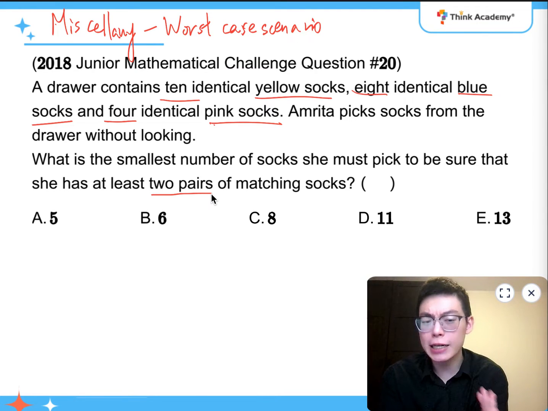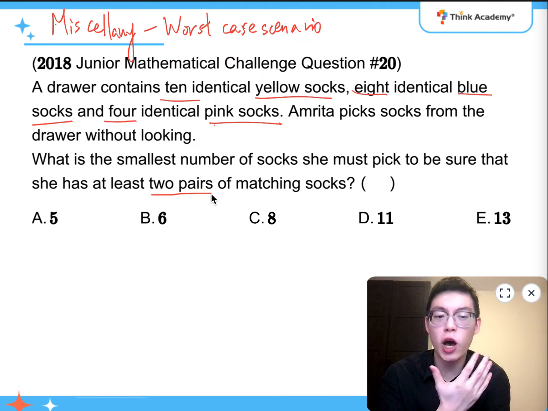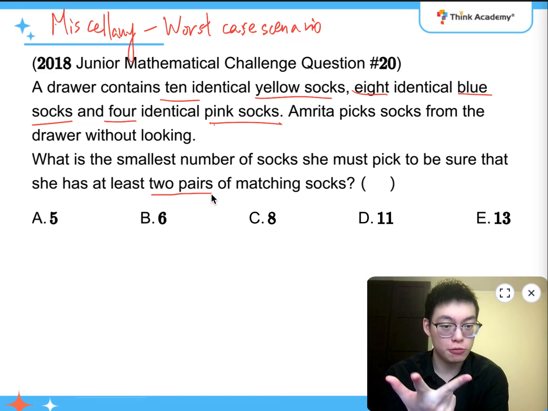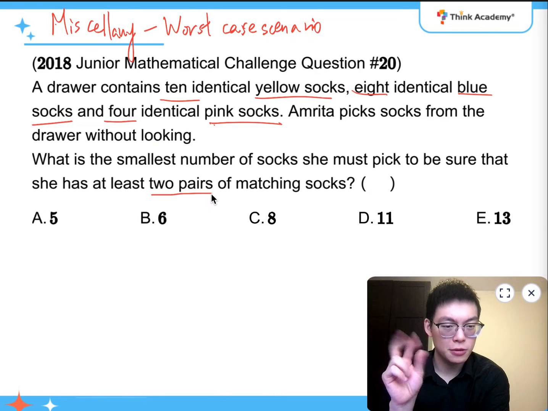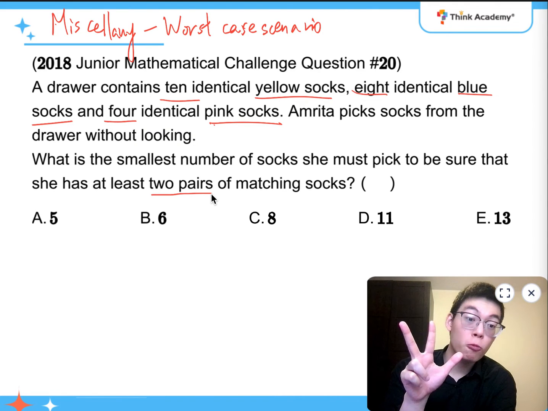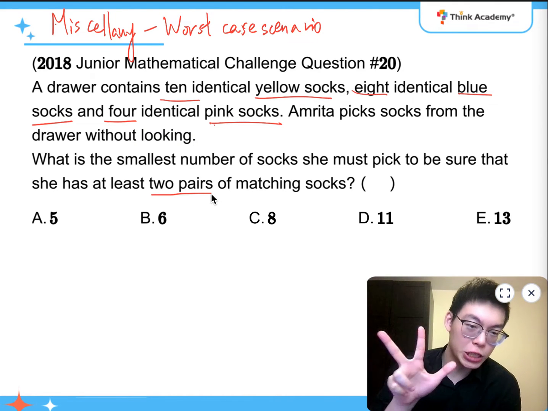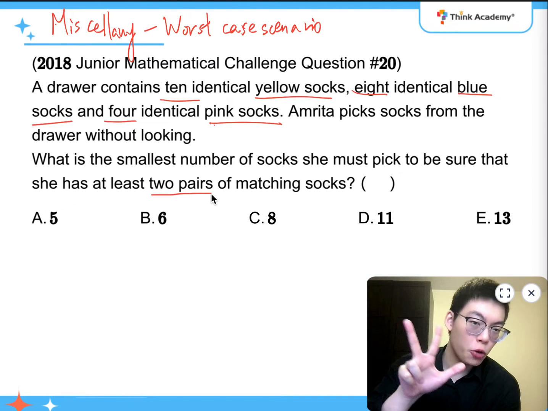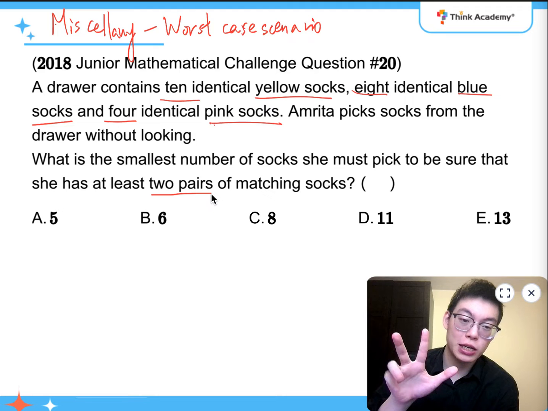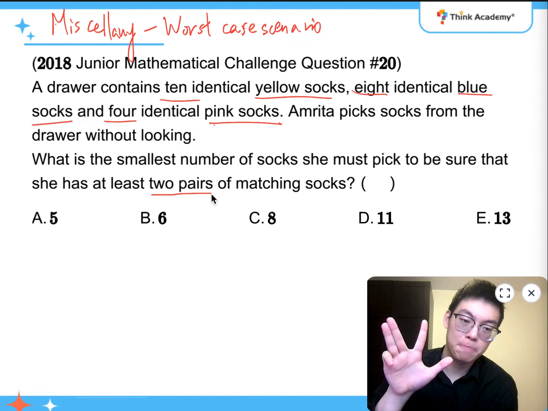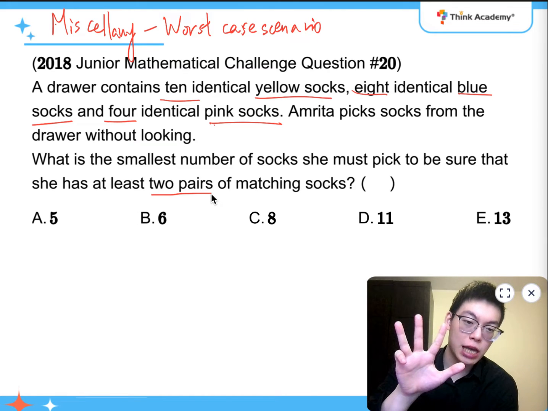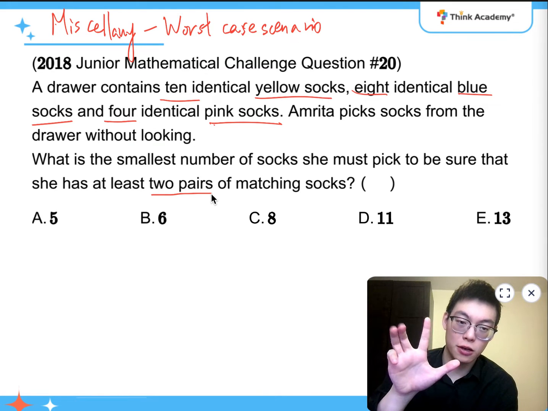The most unlucky case, or the worst case scenario, is going to be 1 each of the 3 colors, right? And then when you have 1 of each color, no matter which color is the sock that you're going to pick next, you're going to get a pair, right? So now you have drawn 4 socks, but you just have 1 pair of matching socks.